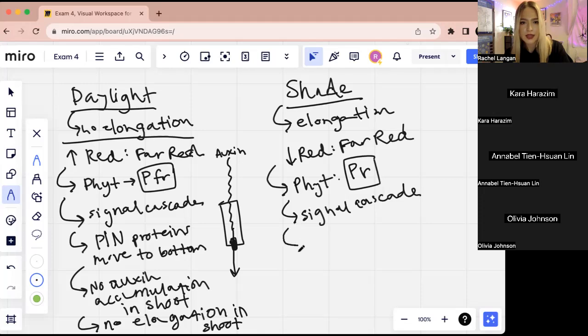So the signal cascade that gets activated results in pin proteins moving to the sides. So pin proteins are now on the sides.